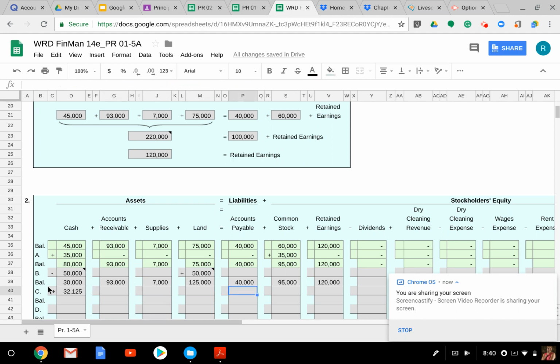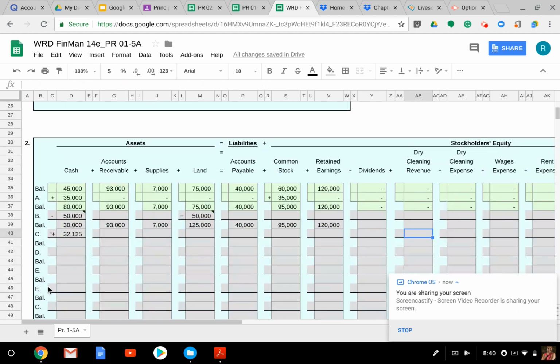For revenue. So we have to come all the way over to our revenue account, and we're going to have to increase revenue on line C by the $32,000 we received in cash for dry cleaning revenue. So now we have some revenue.